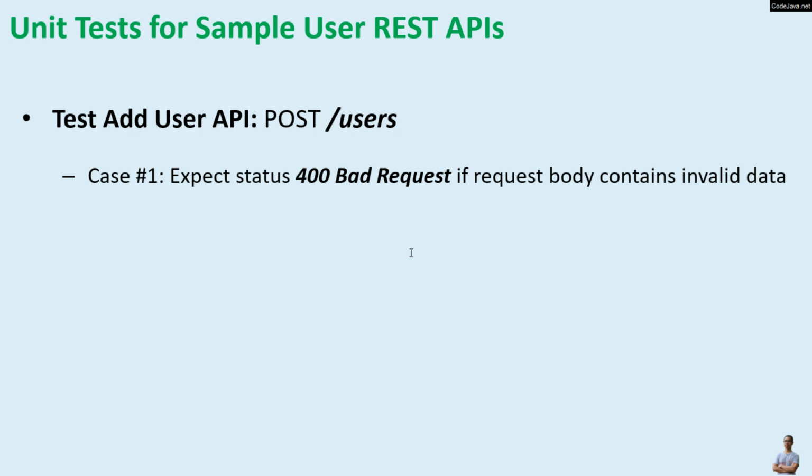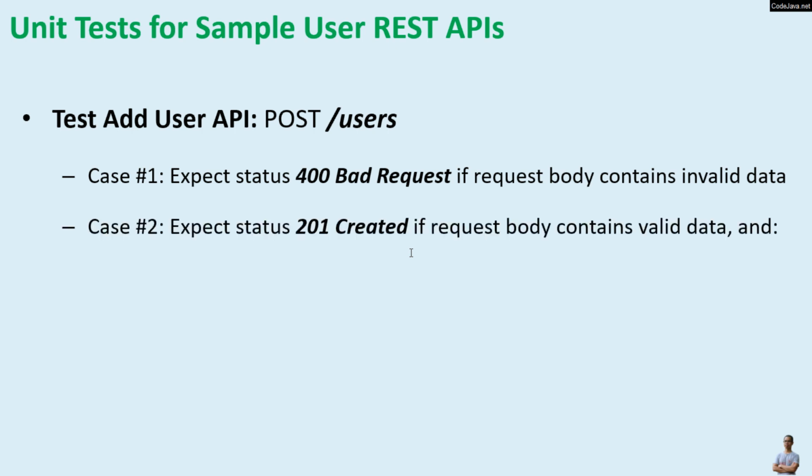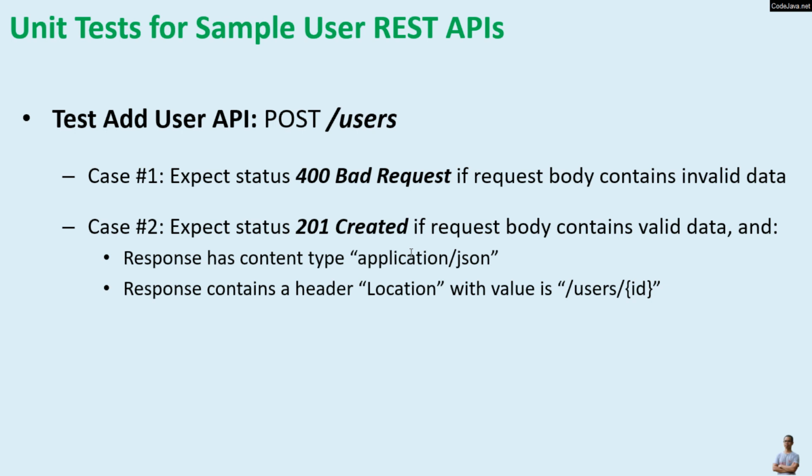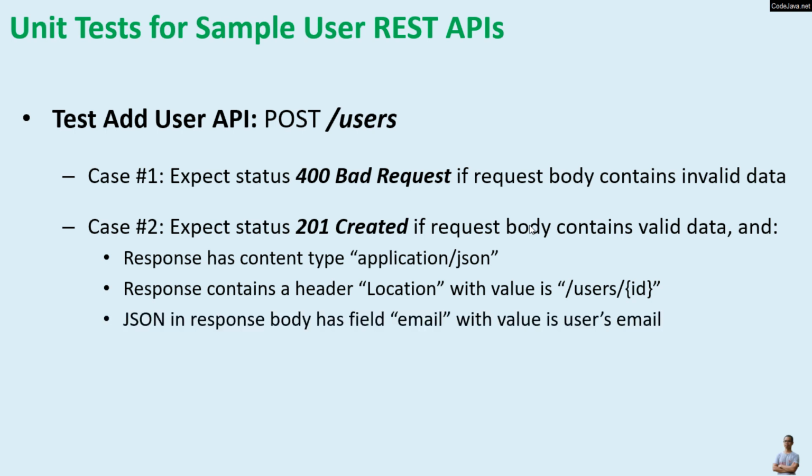Next, let's code the second unit test for the add user API. In this case, we expect that the status should be 201 created if the request body contains valid data, and we also expect that the response has content type application/json, and it also contains a header with the name Location and value /users/ID of the newly created user.